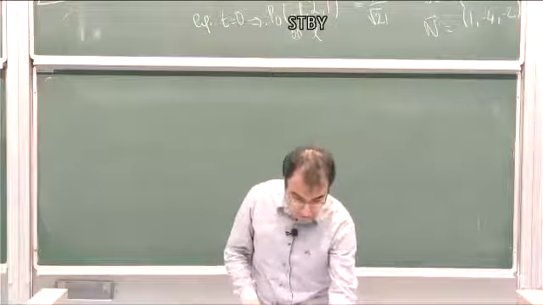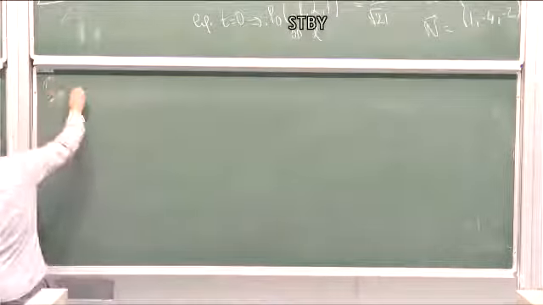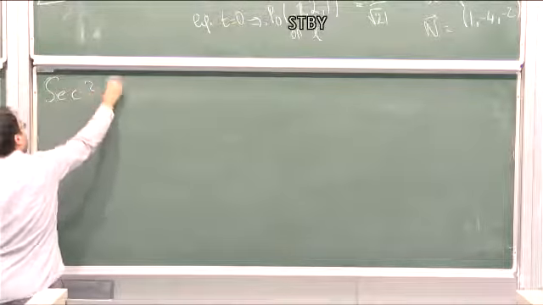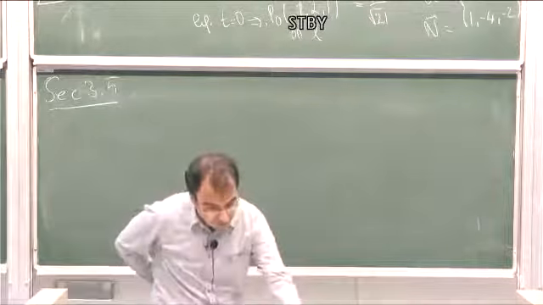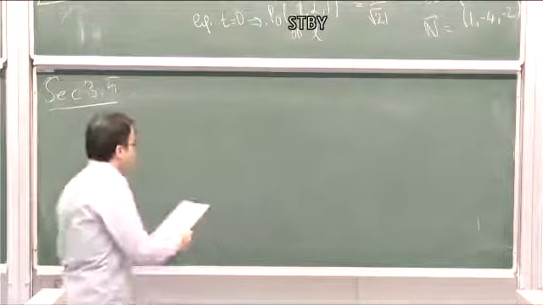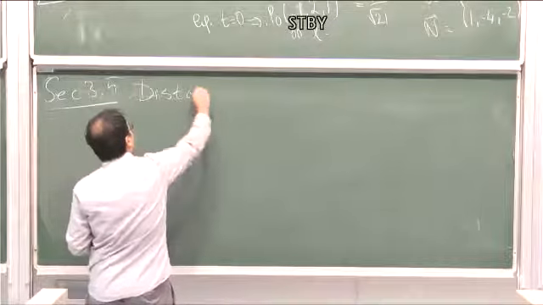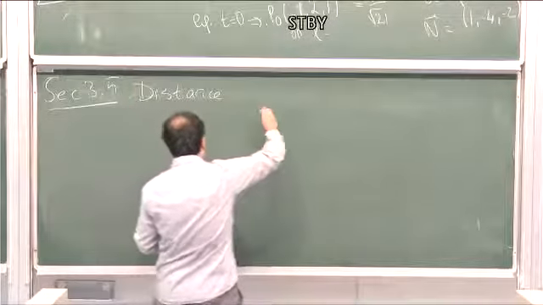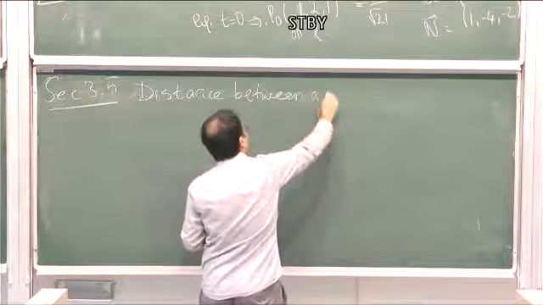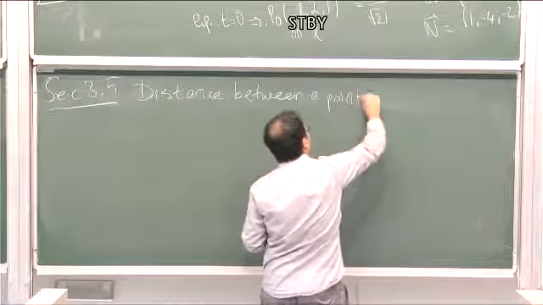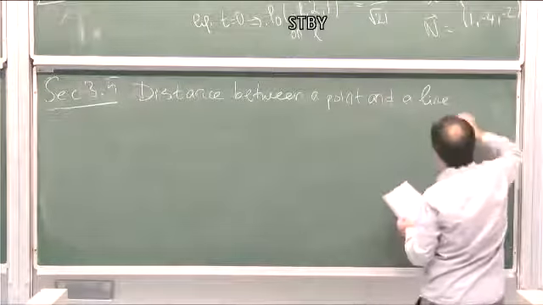So this would be section 3.5. Now we go back to the plane. And we want to find the distance formula, the distance between a point and a line in the plane.